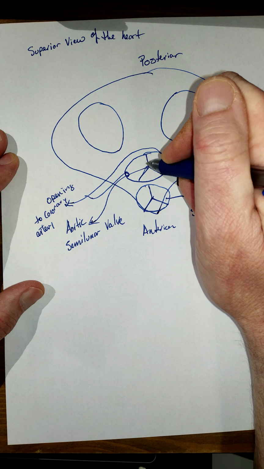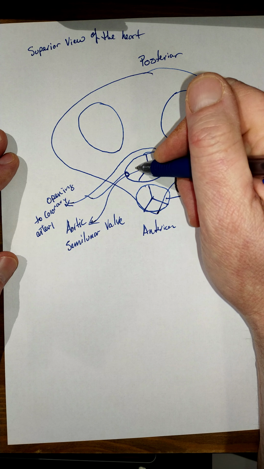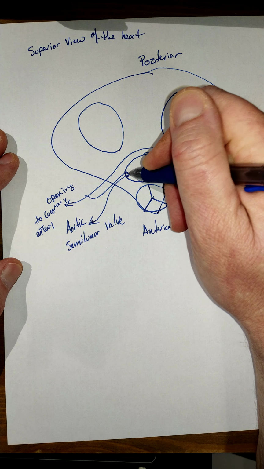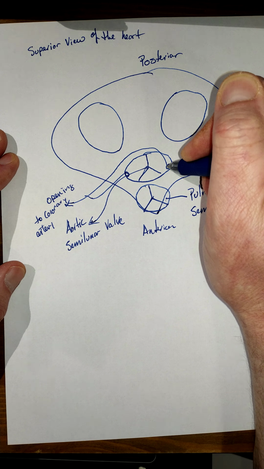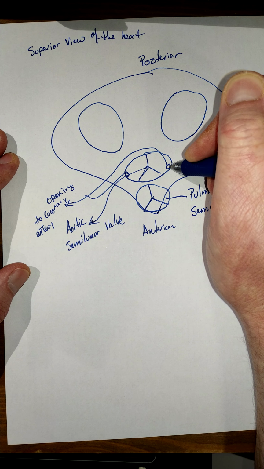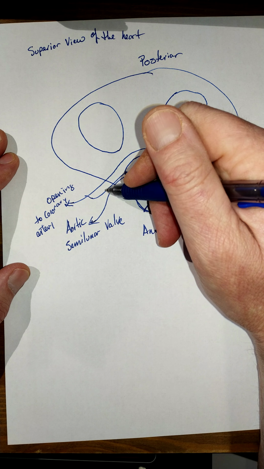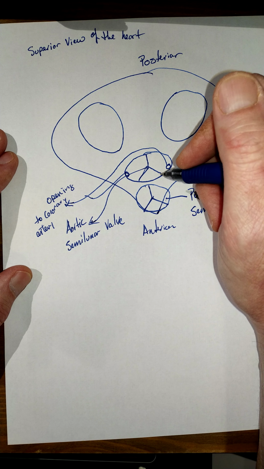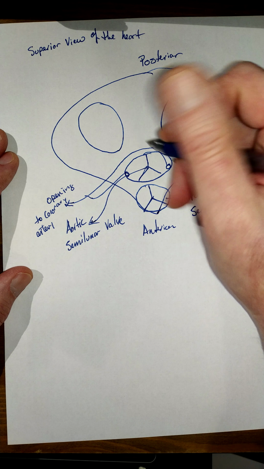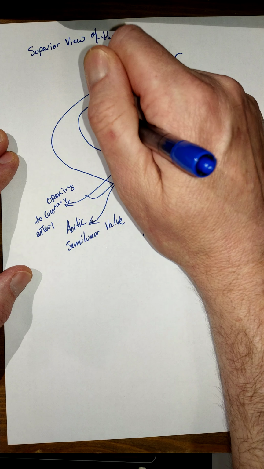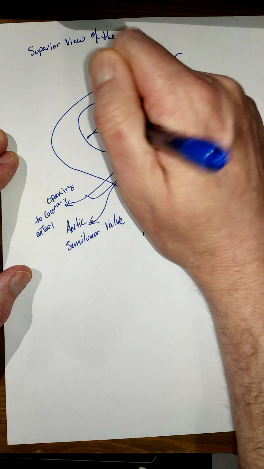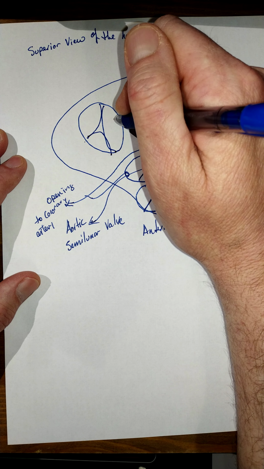So as soon as the left ventricle contracts and ejects blood into the aorta, some of that blood is siphoned off into each of these two coronary vessels and supplies the heart with oxygenated blood. Over here, we've got another valve.